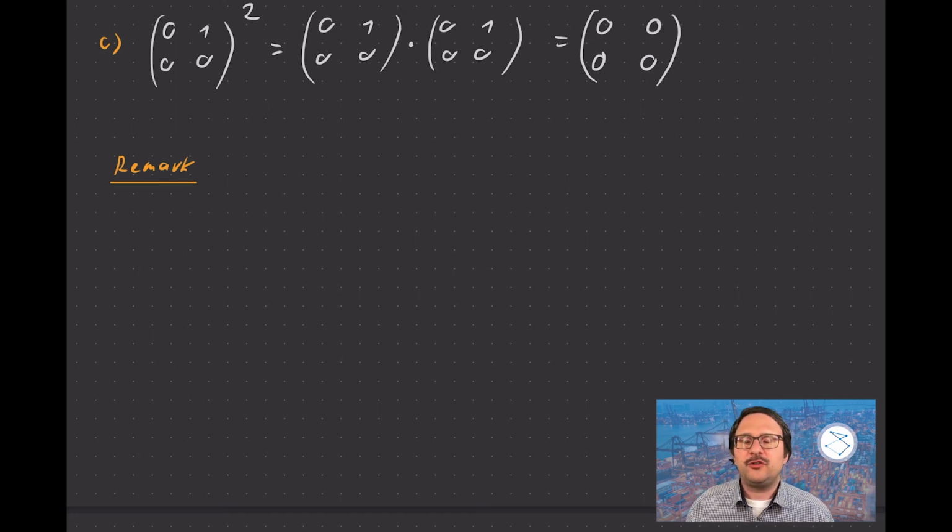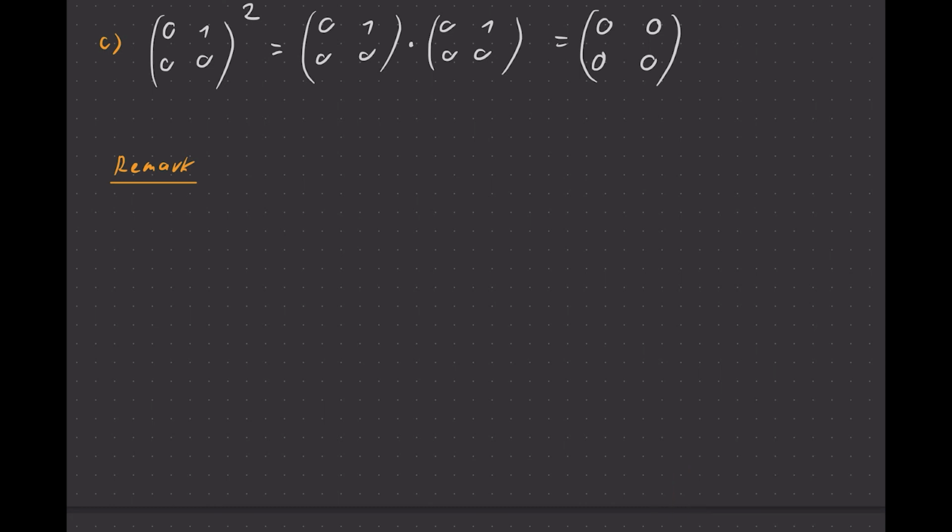Of course, those can also be regarded as matrices. A row vector is a matrix with just one row. Column vector is a matrix with just one column. Now what this yields is we have a 1 by q times q by 1 matrix. So the result is going to be a 1 by 1 matrix, or just a scalar.